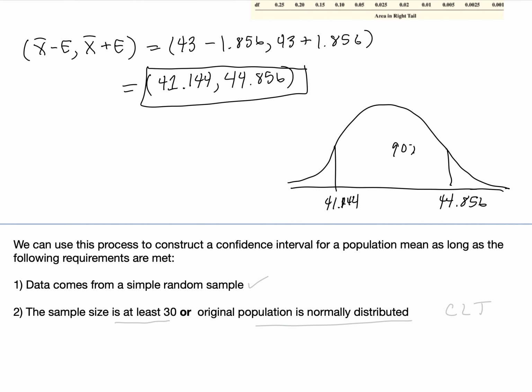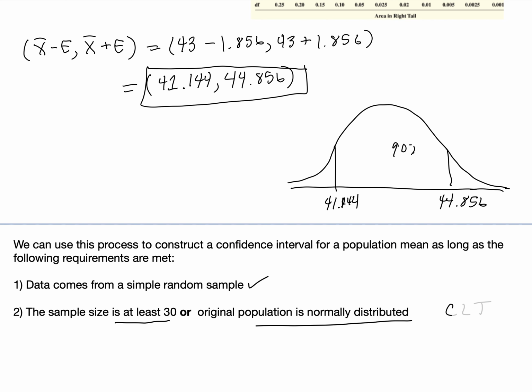Just one last comment about when this process is reasonable to use. We can use this process to construct a confidence interval for a population mean as long as the data comes from a simple random sample and either the sample size is at least 30, or the original population is normally distributed, or both things are true.